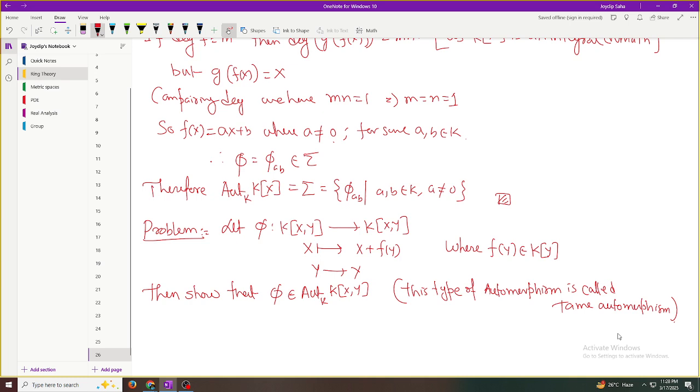So this is easy. x goes to x plus some polynomial of y, and y goes to y. Or you can permute this: y goes to y plus f(x) and x goes to x. Same type of things.